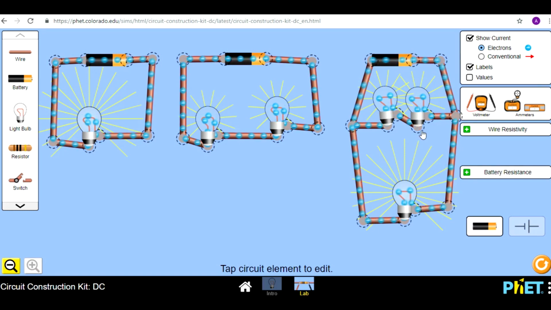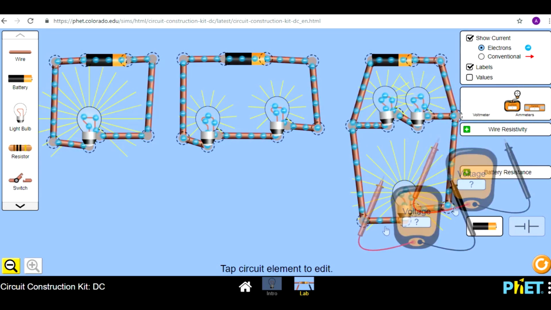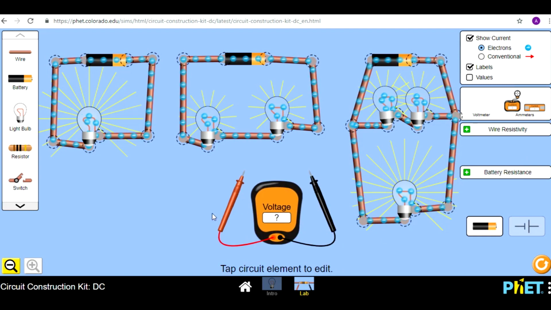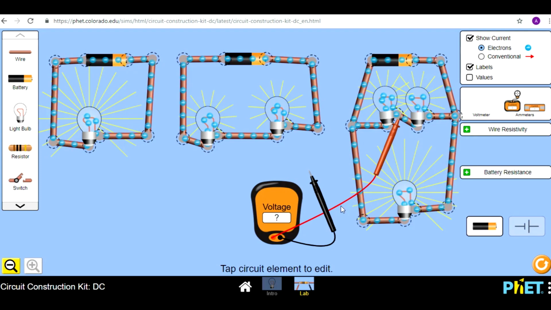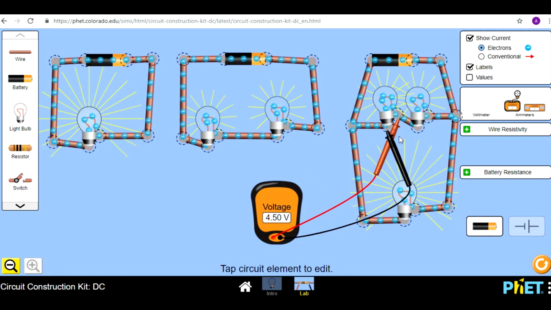Now immediately you can see that these bulbs aren't anywhere near as bright as that. So theoretically what's happening is half of the voltage is going here, half of the voltage is going there, whereas this one is getting the full voltage. And we can test this using this one. So theoretically each one should have 4.5 volts, which it does.